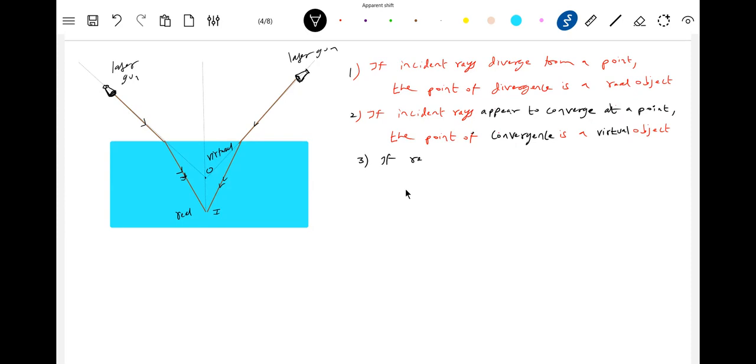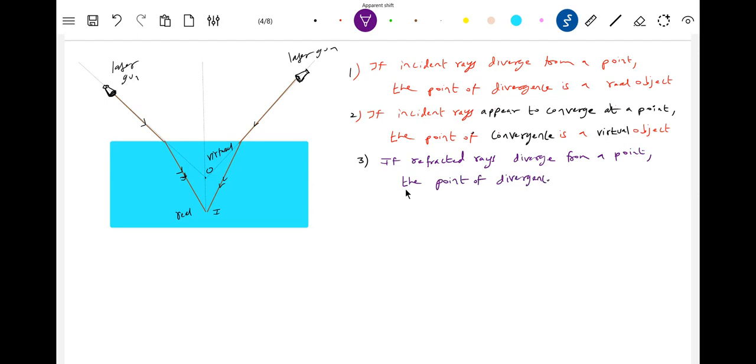Now, if refracted rays diverge from a point, the point of divergence is a virtual image.